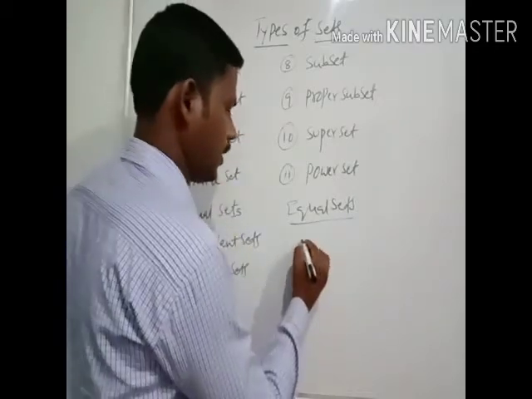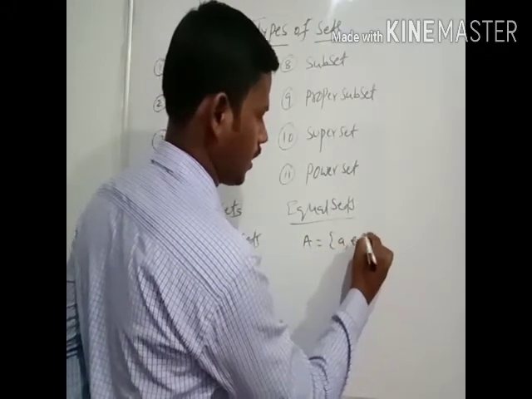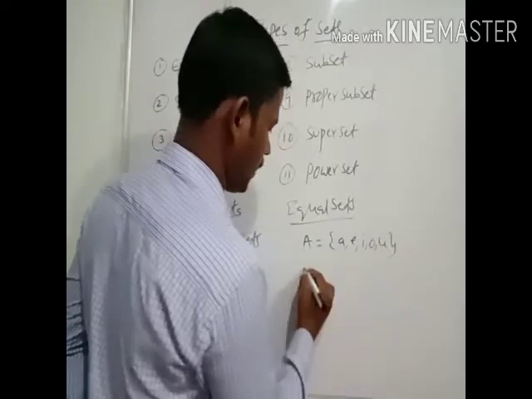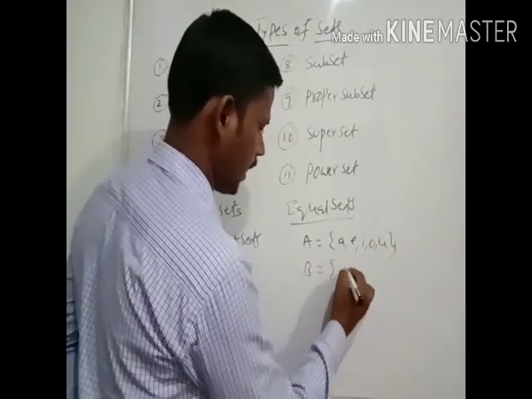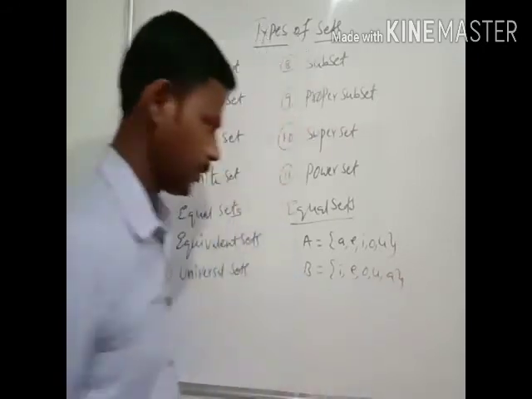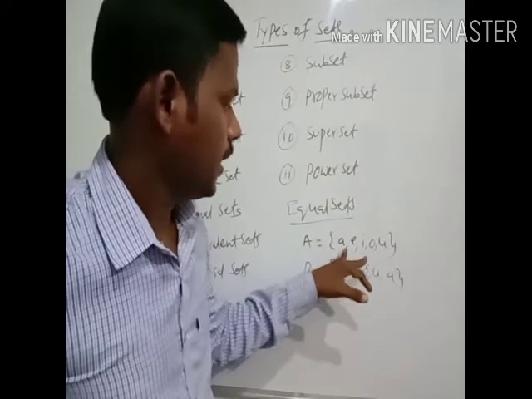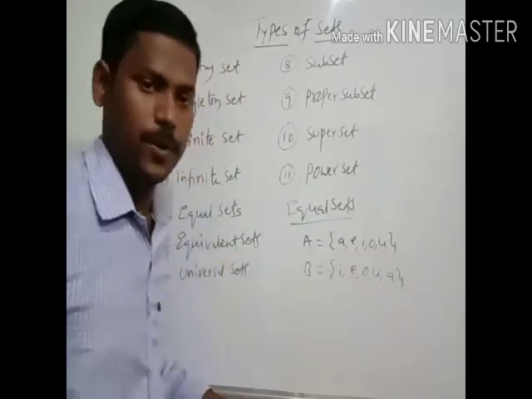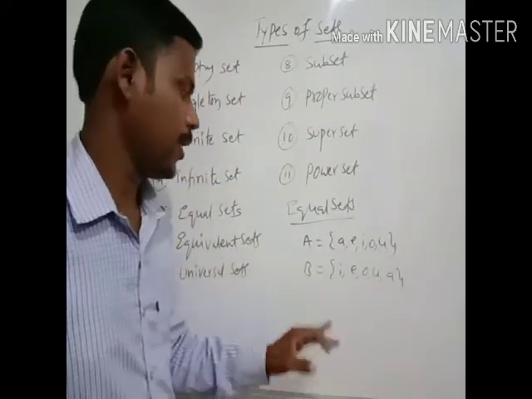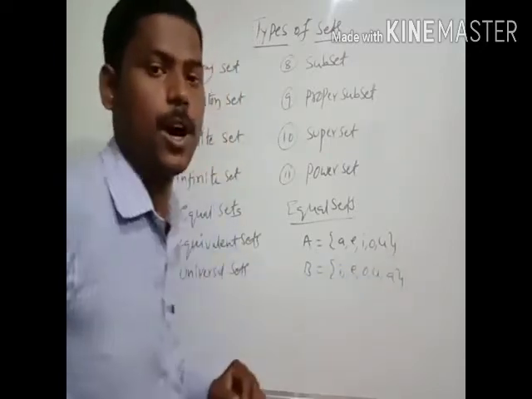For example, A is equal to {A, E, I, O, U}, B equal to {I, E, O, U, A}. So here A elements are what, children? A, E, I, O, U. 5 objects. Here B also has I, E, O, U, A. Here also the objects are equal.